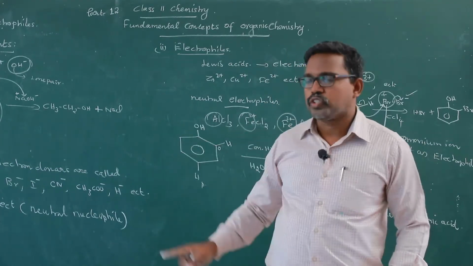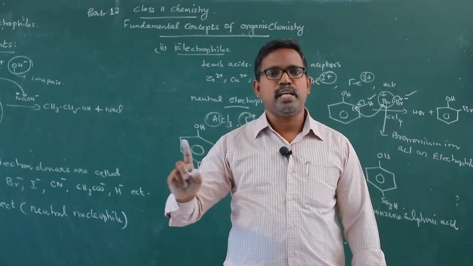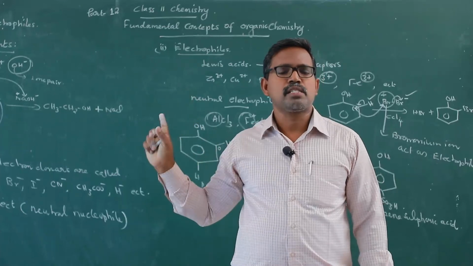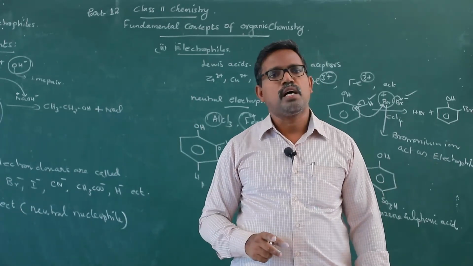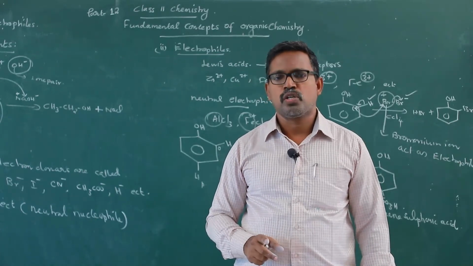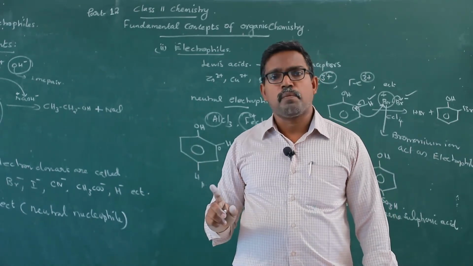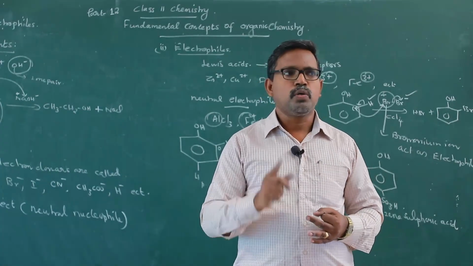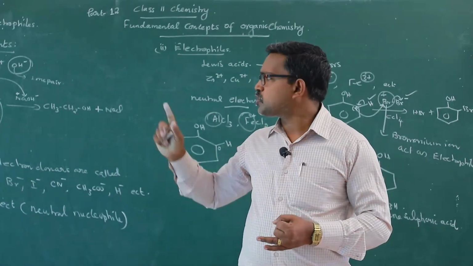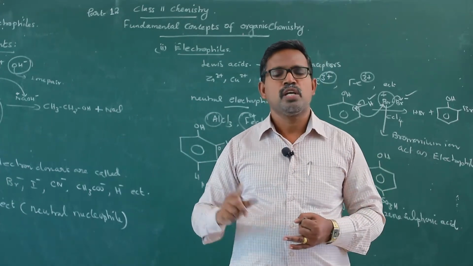Now, the major differences between electrophiles and nucleophiles. Nucleophiles are otherwise known as nucleophilic reagents. Electrophiles are otherwise known as electrophilic reagents. Nucleophiles are electron donors. Electrophiles are electron acceptors. Nucleophiles are otherwise known as Lewis bases.